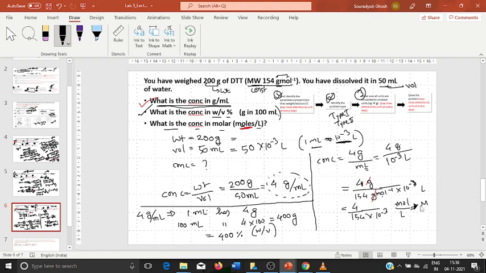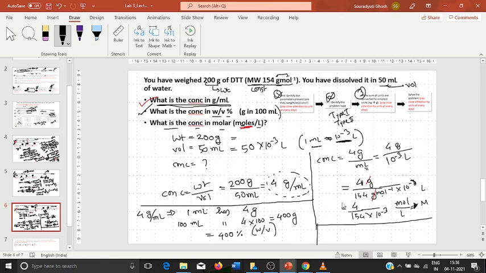So how do I know that I have to divide? Let's see what if we had multiplied. This is where the use of units comes in handy. I'm just hypothetically doing a multiplication to see if it still gives me mole. So 4 gram into the molecular weight, 154 gram mole inverse, and on the denominator we have 10 to the power minus 3 liter.